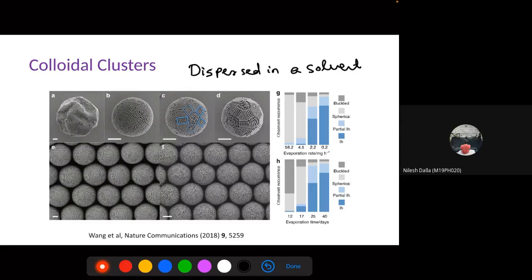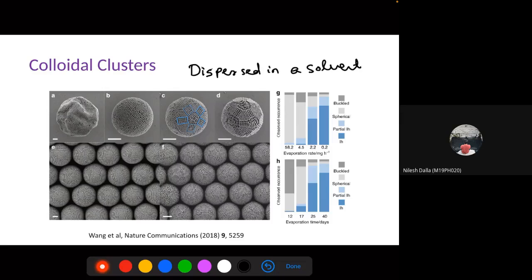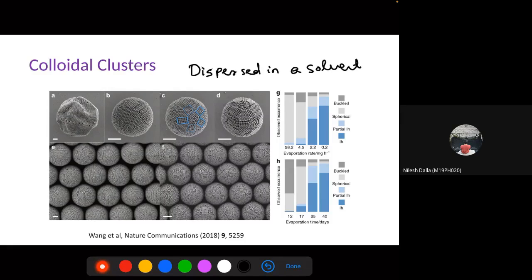We will look at that in the next couple of lectures: how the electronic properties are very different if you take only a single cluster or single particle or single quantum dot. But for most devices, you want a large number of these clusters, colloids or nanoparticles distributed over a substrate.